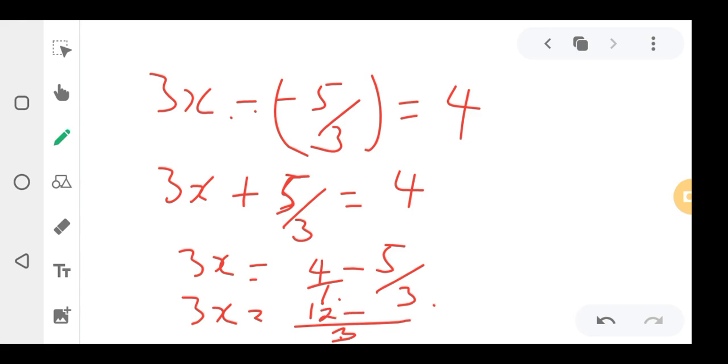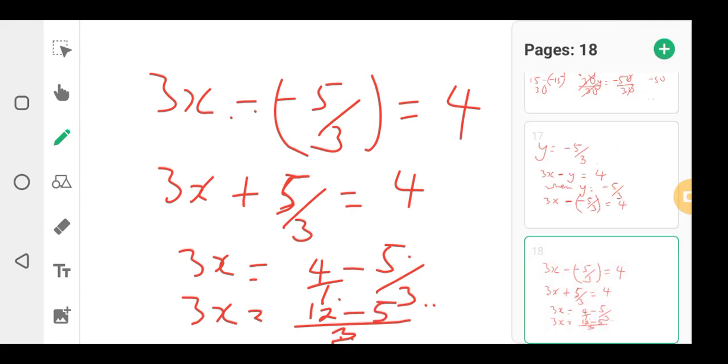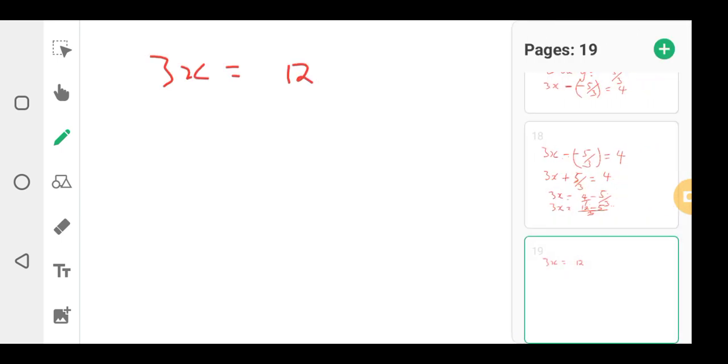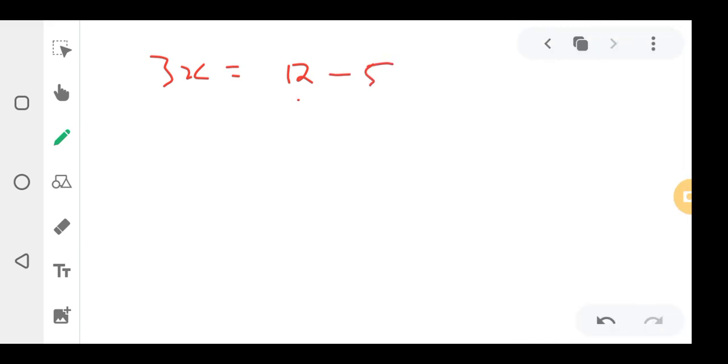Minus 3 into 3, 1. 1 times 5 it is 5. So 3x is equal to 12 minus 5 over 3. So 3x is equal to 7 over 3.